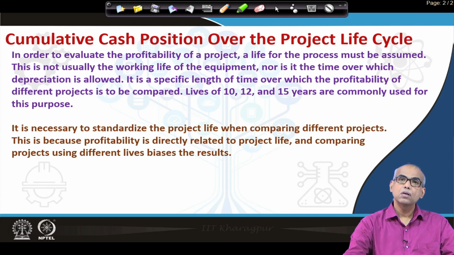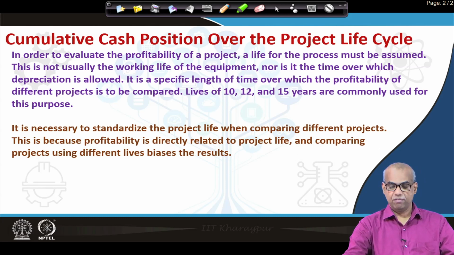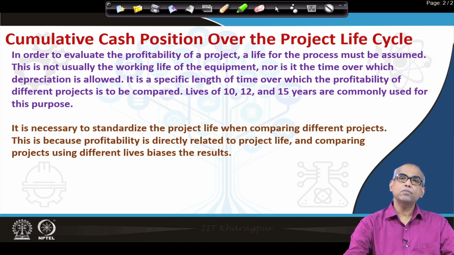This is because profitability is directly related to the project life, and comparing projects using different lives will bias the results of your analysis.